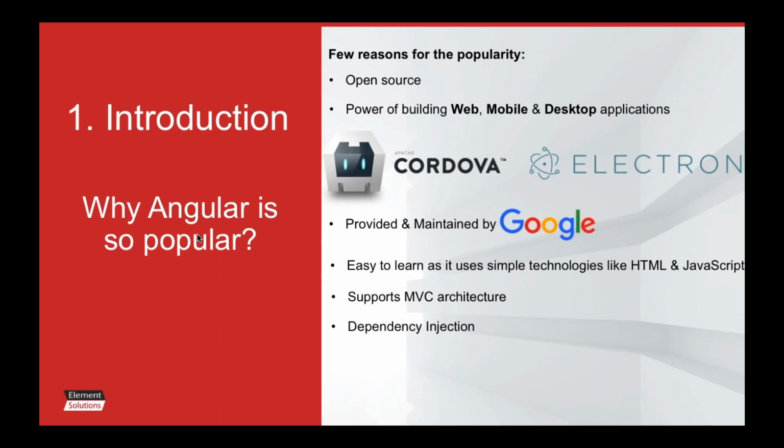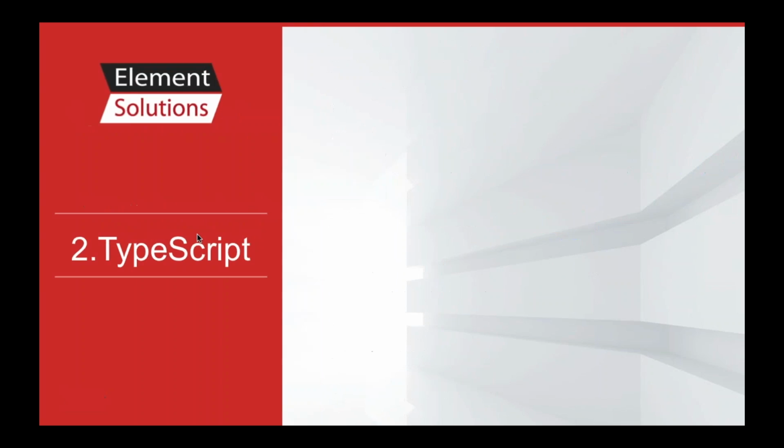It supports full MVC architecture and dependency injection, modularity and scalability. And there is an inbuilt testing framework that comes with Angular. They are using the Jasmine testing framework, and Karma is a test runner. So I think these are some of the reasons for Angular's popularity. There are a few more reasons, and while going into Angular development, we'll get to understand all those things.